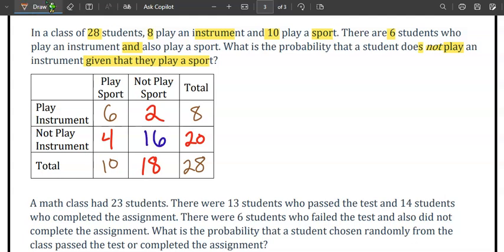Now we want to find does not play an instrument given that they play a sport. So there's 10 people who play a sport altogether, and 4 of them do not play an instrument. So we'll say the probability is 0.4, or 40%.